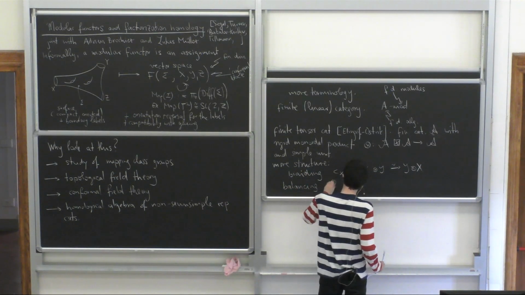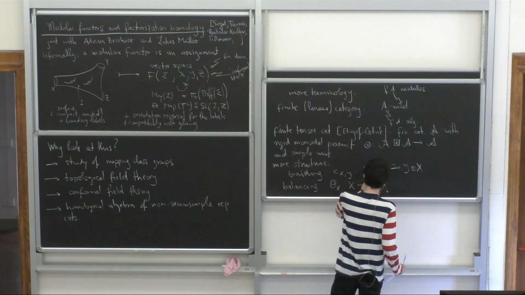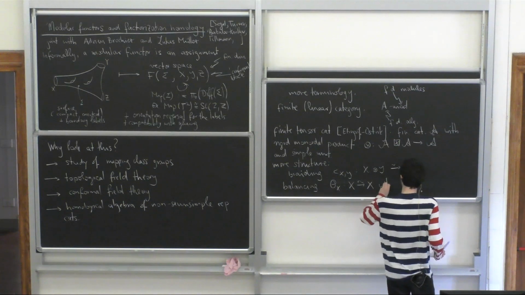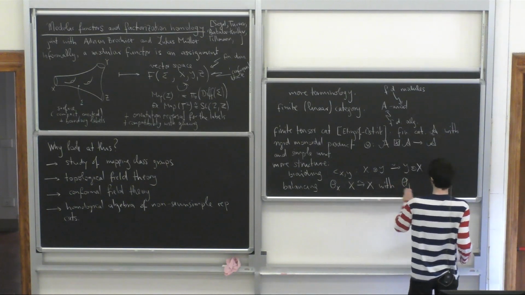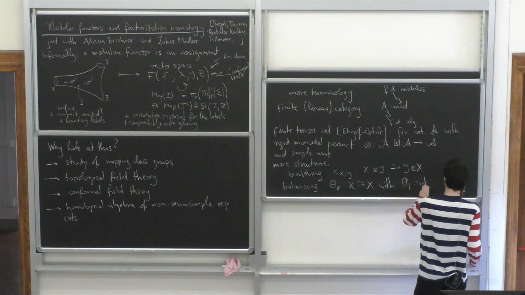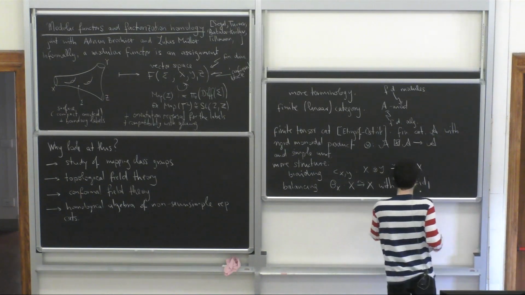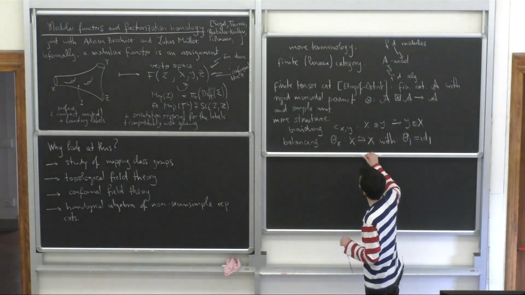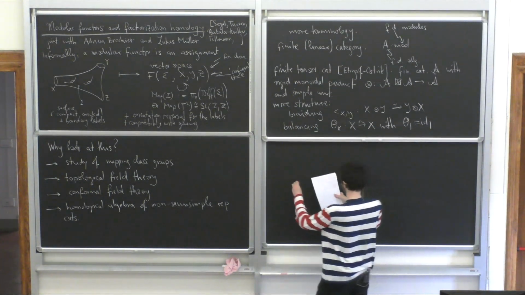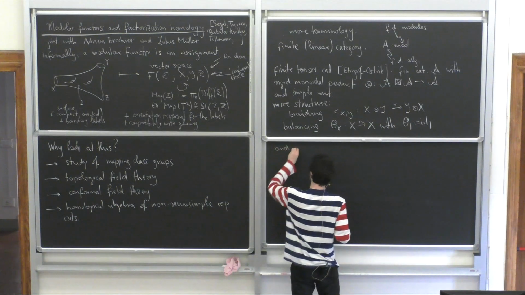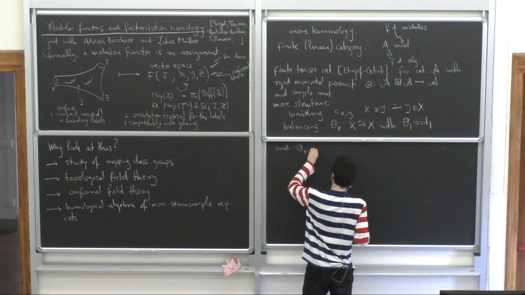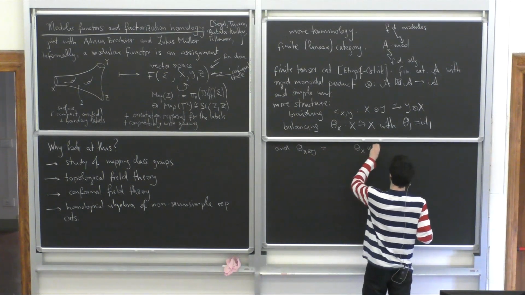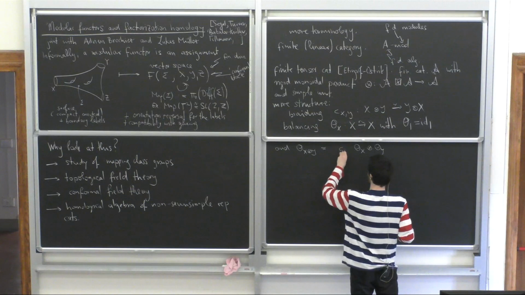Those are natural automorphisms, the natural automorphism of the identity, in fact, such that the component at the monoidal unit I is just the identity. And the condition that this balancing at a monoidal product is the monoidal product of the balancings up to a double braiding.